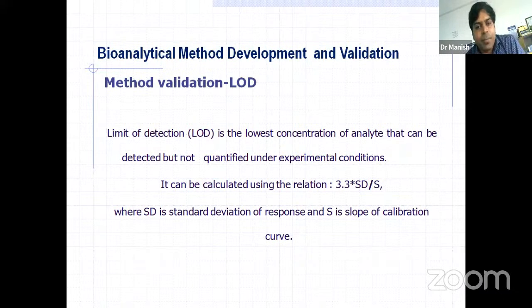Limit of detection. So limit of detection is the lowest concentration of analyte that can be detected but not quantified under experimental conditions. So this limit of detection can be easily related with the accuracy studies.